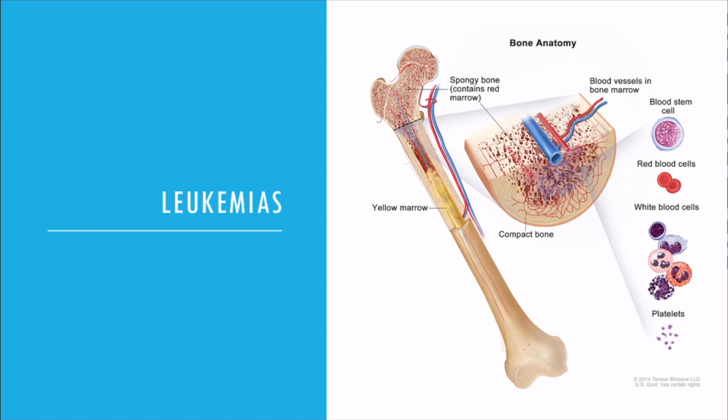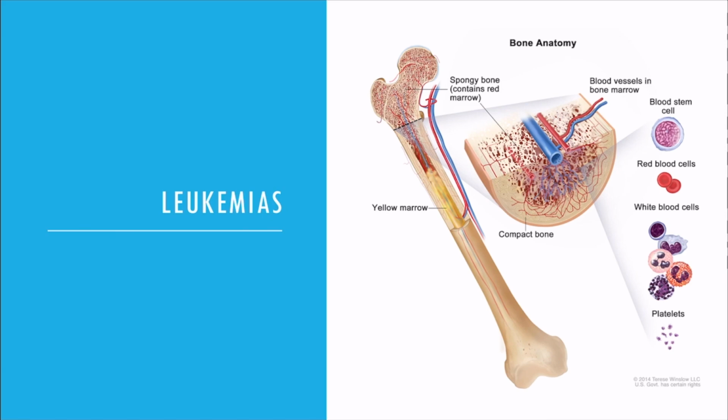And there is a finite amount of space within your bone marrow for all these processes to be occurring. So because you're making so many abnormal cells, they take over the space, and the bone marrow becomes overcrowded with abnormal cells.